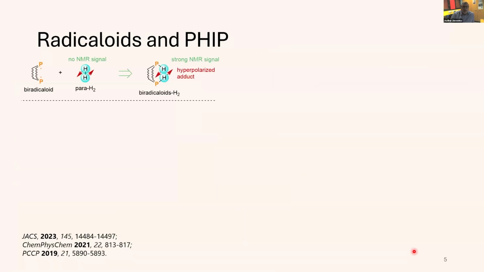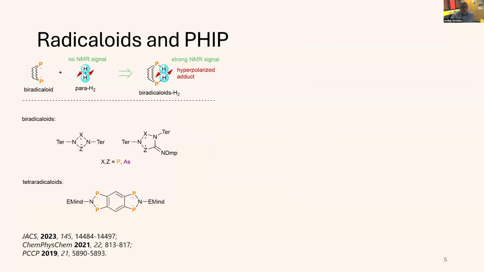Generally, pnictogen radicaloids, and in particular phosphorus biradicaloids, can activate parahydrogen, resulting in the formation of hyperpolarized adducts. And there are several types of such molecules, including 4- and 5-membered heterocyclic species, as well as tetraradicals.